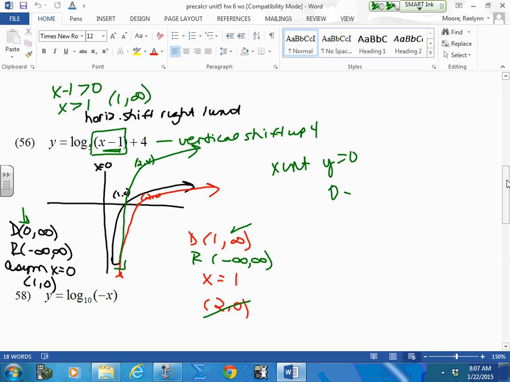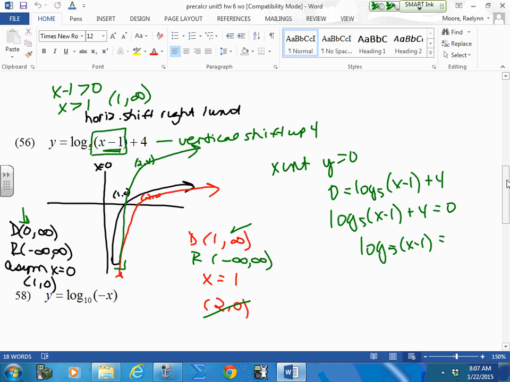So 0 equals the log base 5 of x minus 1 plus 4. If it's easier to look at it the other way around, this is just as easy to swap it around. Okay, move the 4 to the other side. So we've got 5.